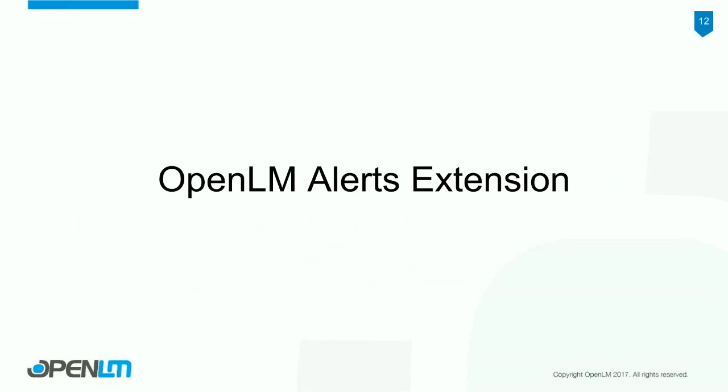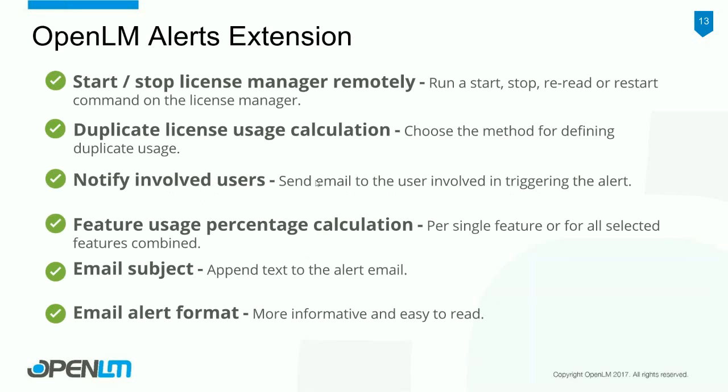The next enhancement batch that we did is to the OpenLM Alerts extension. Keep in mind that near the end of the demonstration, I will also show you the OpenLM Alerts extension and everything that you see here. So we've seen the OpenLM server and all the UI changes, and now we will take a look at the Alerts extension and what was added.